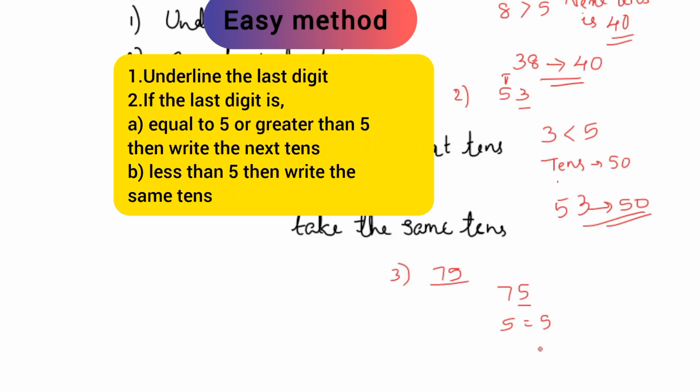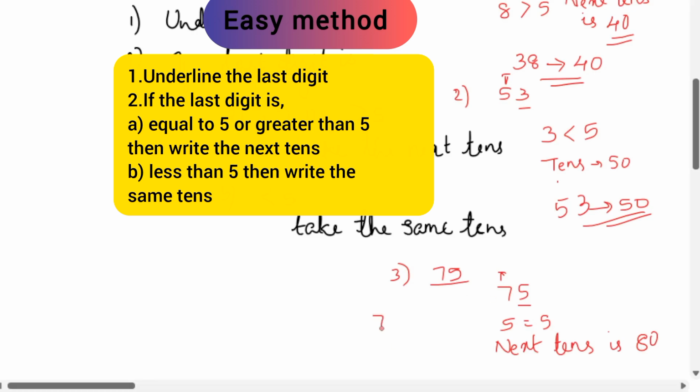If the last digit is equal to 5 or greater than 5, we take the next tens. Look at the given number. The tens place digit is 7. That means 7 tens. So the next tens is 8 tens, that is 80. Therefore, we can round the given number 75 to the nearest tens, which is 80.